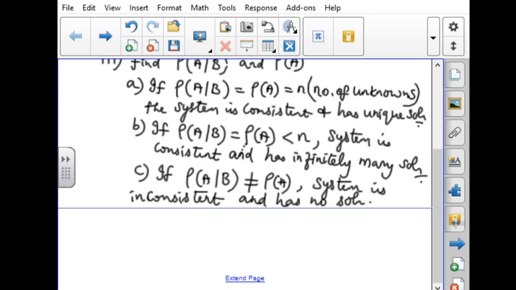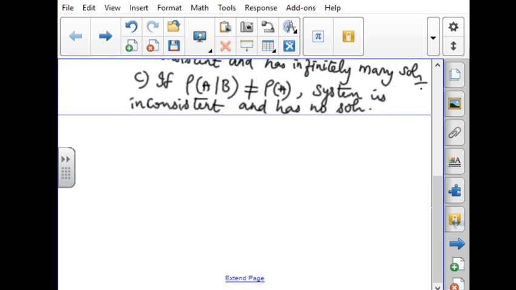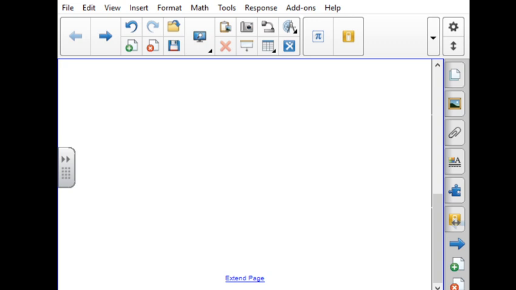If the rank is equal to n, the system is consistent and has a unique solution. If it is less than n, it has infinitely many solutions. And if the ranks are not equal, the system is inconsistent and has no solution. So let us move to the problems now. Exercise 1.6.